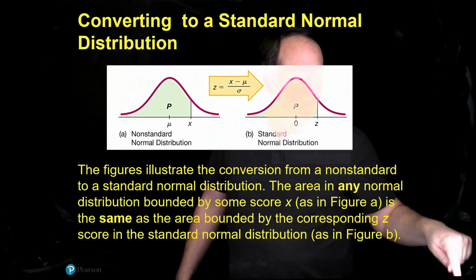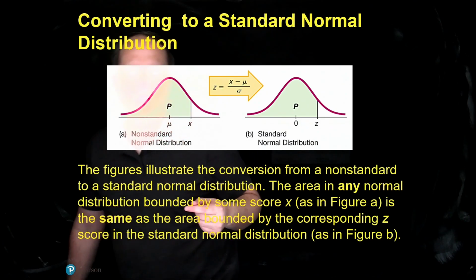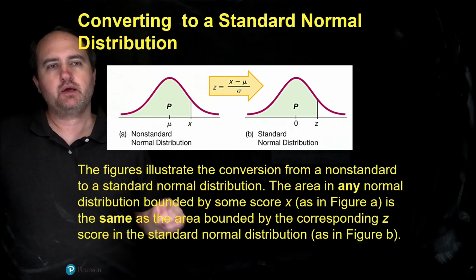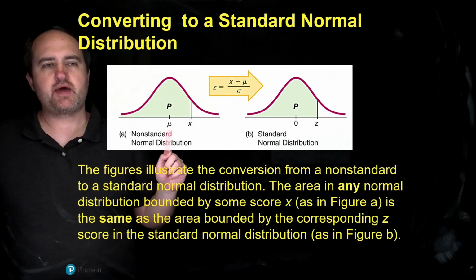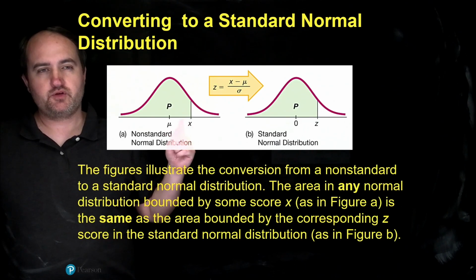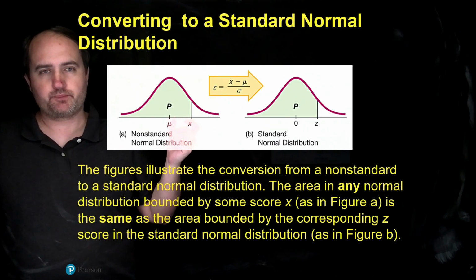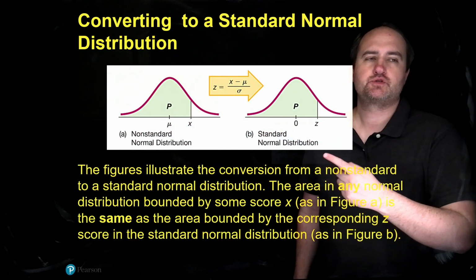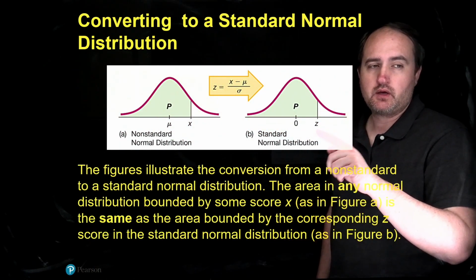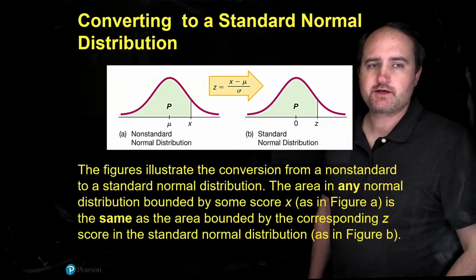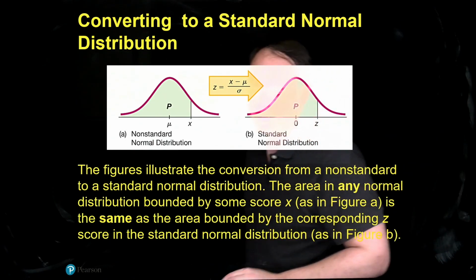The only difference is that in the middle you have a mean of mu and a standard deviation of sigma for non-standard, whereas with a standard normal distribution, we can just write z-scores, where 0 is the mean and 1 is the standard deviation.